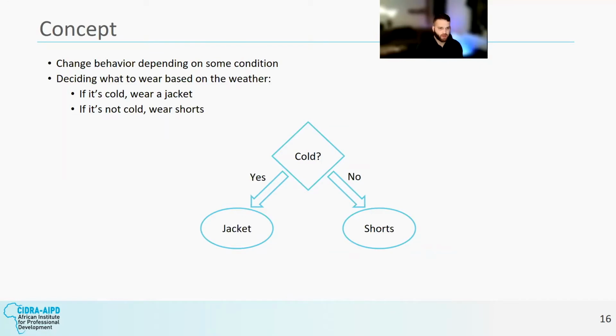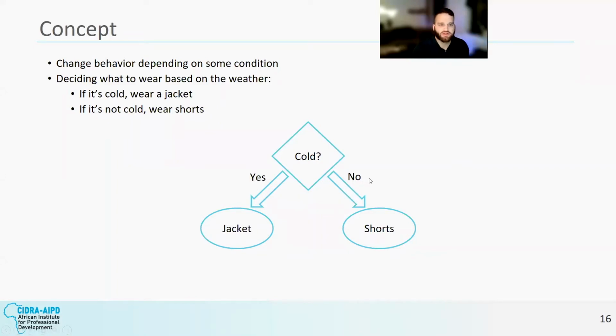So you might do this all the time. For example, you look up what the weather is going to be outside and you decide what you're going to wear depending on the weather. So in this case, the condition is it cold outside? And then the behavior that changes depending on that condition is if it's cold, well, then you need to wear a jacket. If it's not cold, then we'll wear shorts.